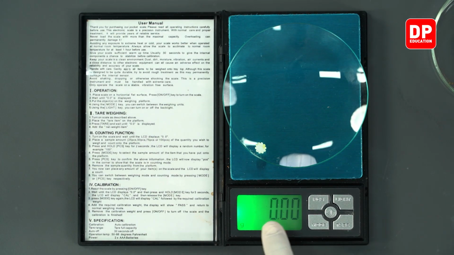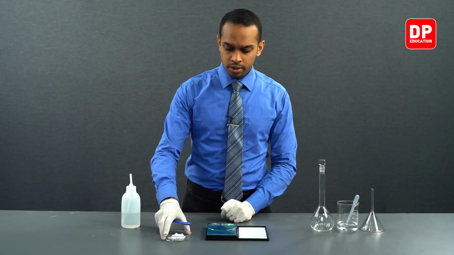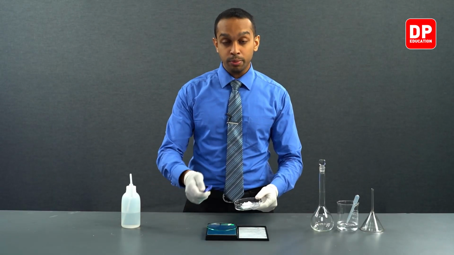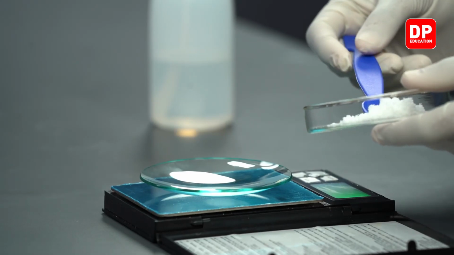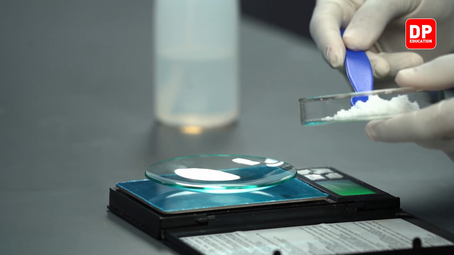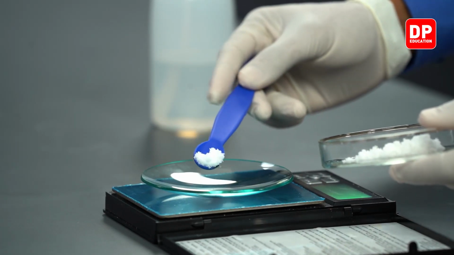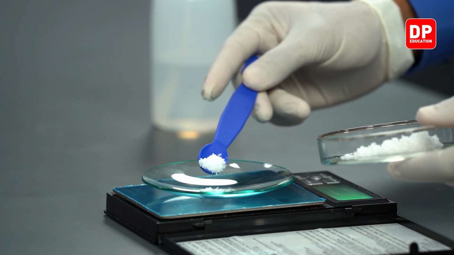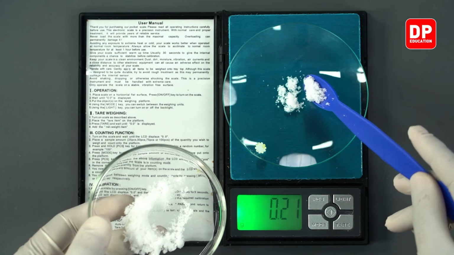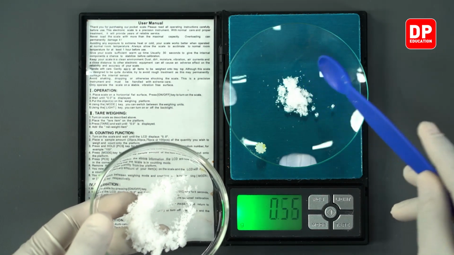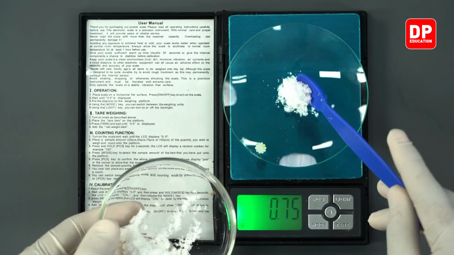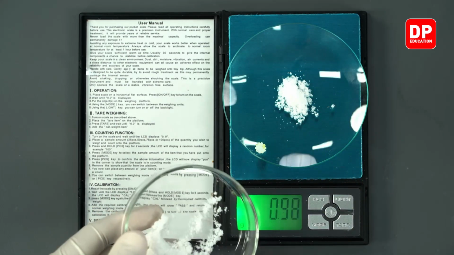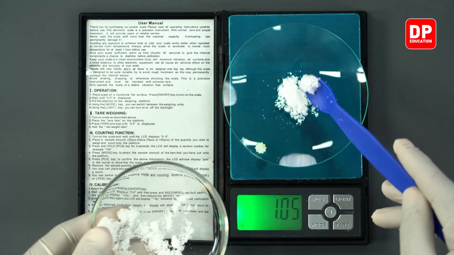You can see the scale reads 0.00. Now I will take a spatula full of potassium oxalate and transfer 2.08 grams onto the watch glass. You have to take your time and carefully measure exactly 2.08 grams.